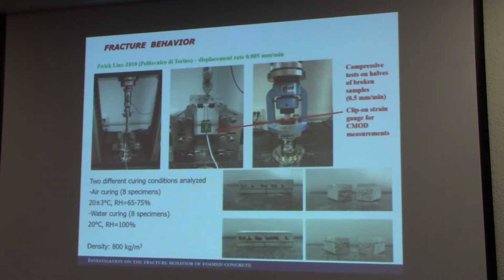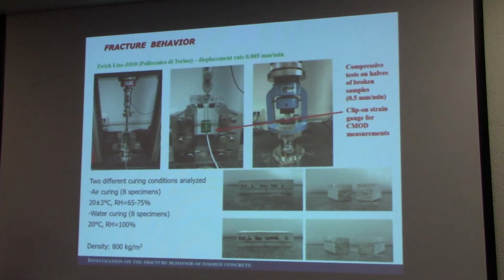In particular, we focus on this parameter because it seemed to affect the mechanical strength in static and compressive tests. So we were motivated to explore this fracture energy, or fracture behavior, depending on the curing condition.